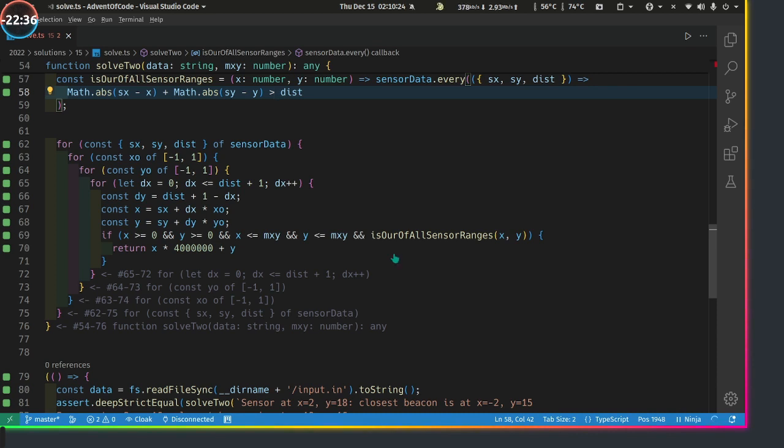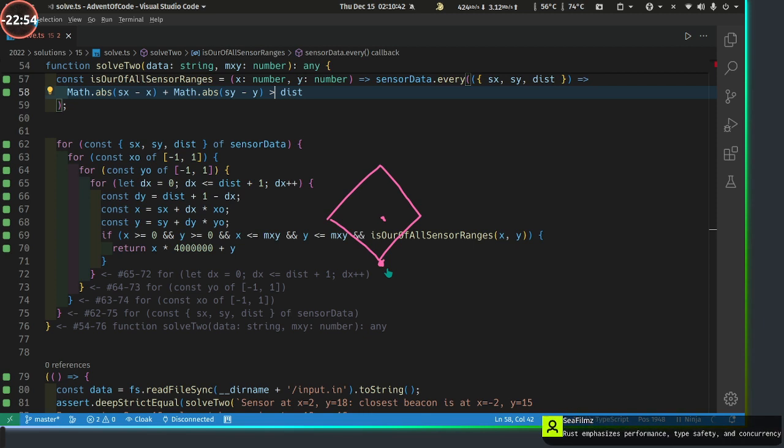I think we can have, again, the sensors and the diamonds drawn. Then we'll try every point, and for every point that a sensor is touching, it'll highlight it in red.